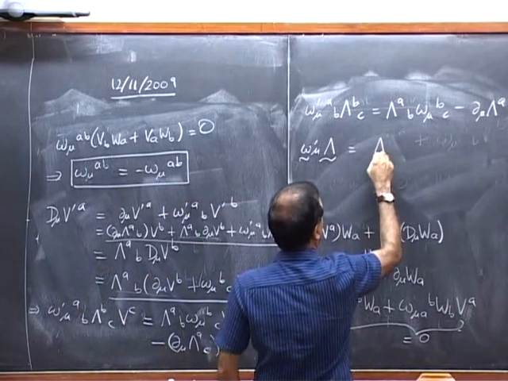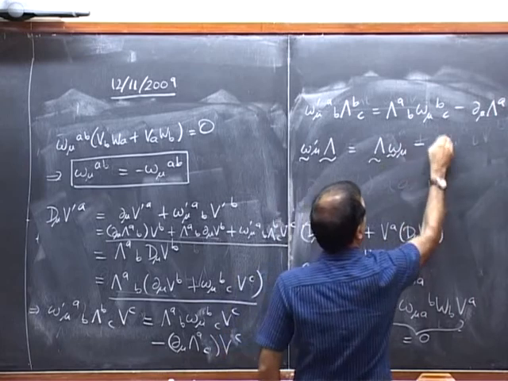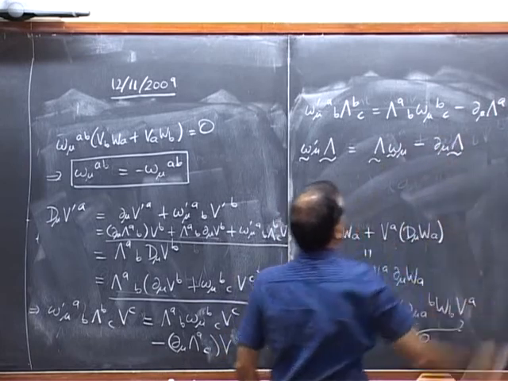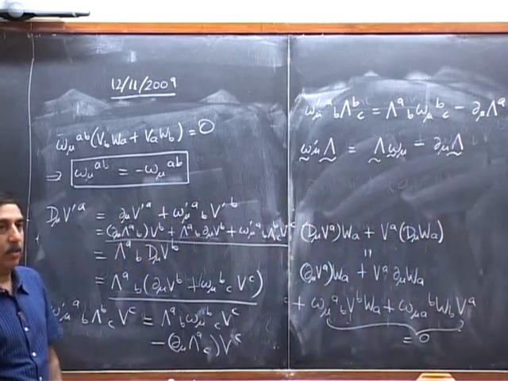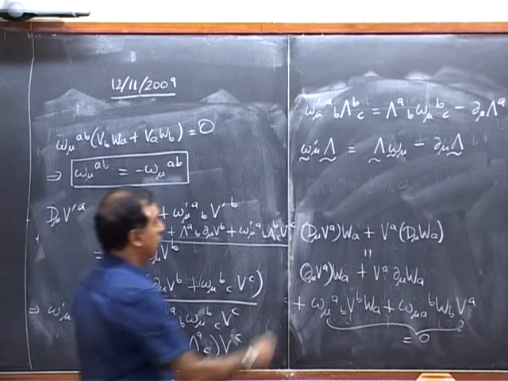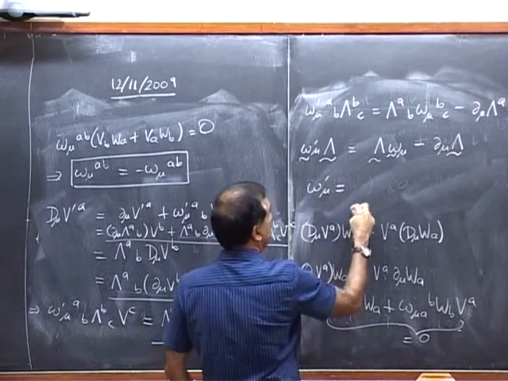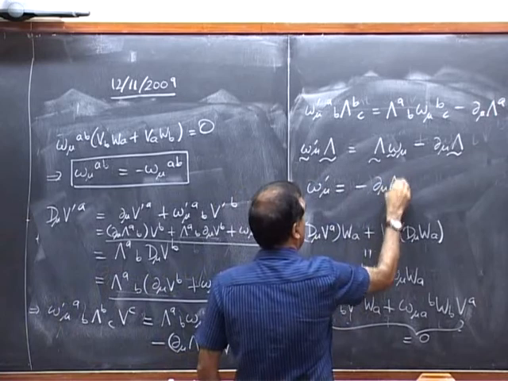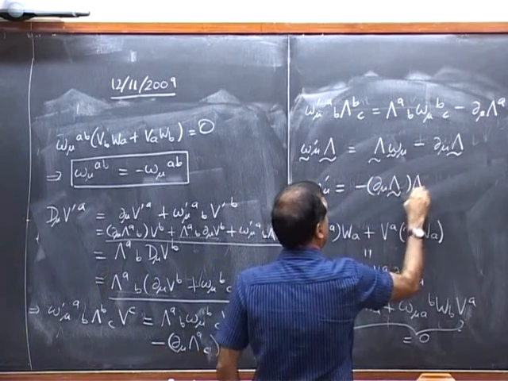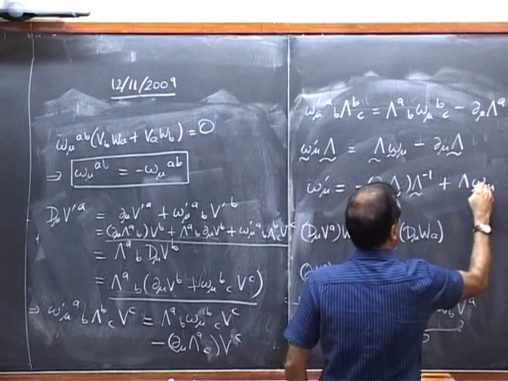This is equal to lambda omega mu minus del mu lambda. Okay. So now I just multiply on the right side by lambda inverse, and I get omega prime mu is equal to minus del mu lambda inverse plus lambda omega mu.